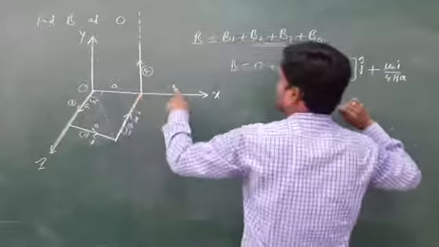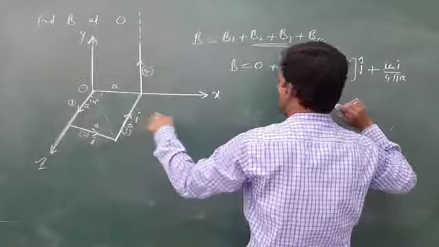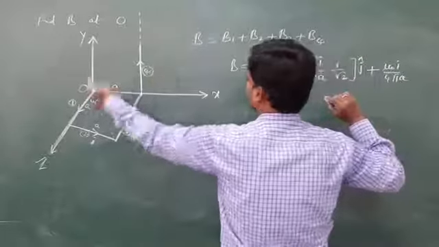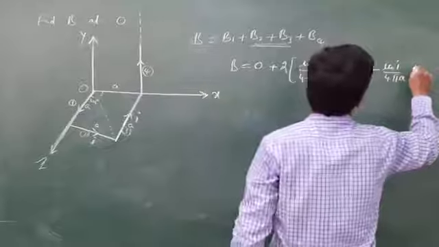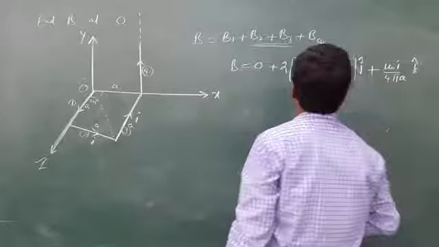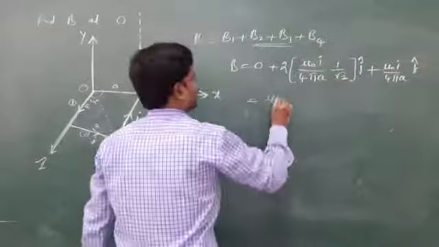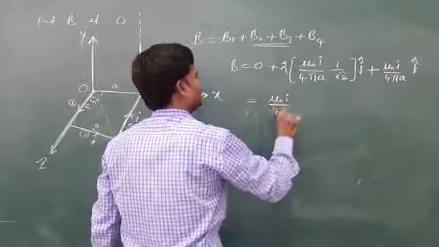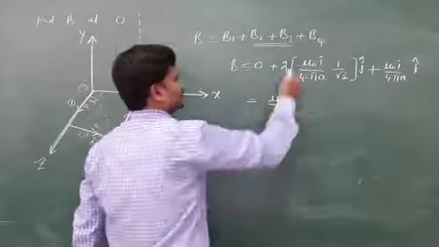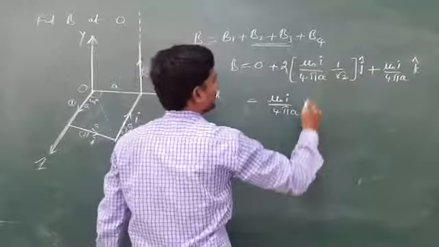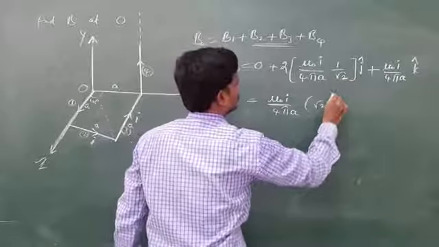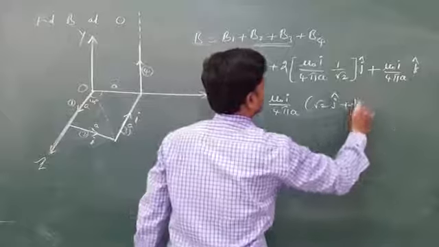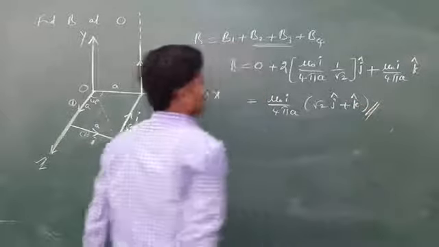This is in the XY plane, so the field must be along the z-axis, that is k cap. If I take mu naught I by 4 pi a common, this is 2 and this is root 2 j cap plus k cap.